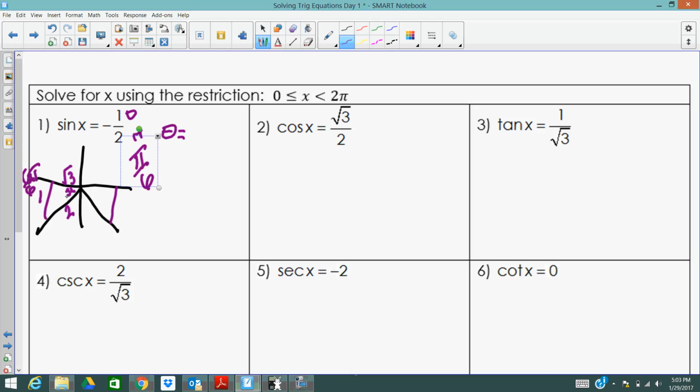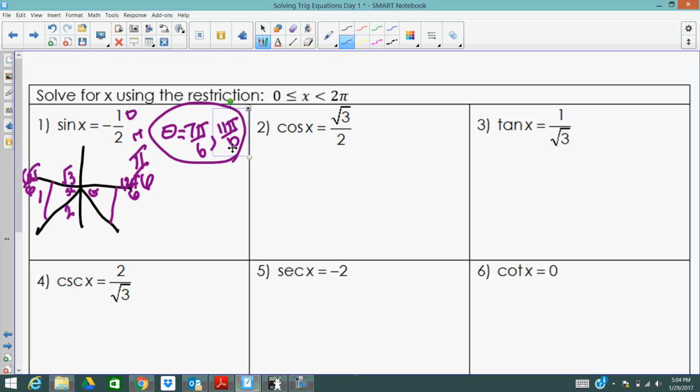So we're 30 degrees past that, so 7 pi over 6. And then our angle here is 30 degrees less than 2 pi. So 30 degrees less than 12 pi over 6, so that's 11 pi over 6, because 2 pi we could write as 12 pi over 6. And those are our two answers.